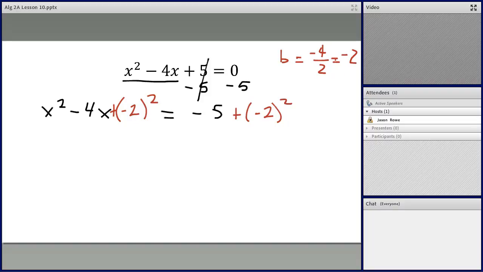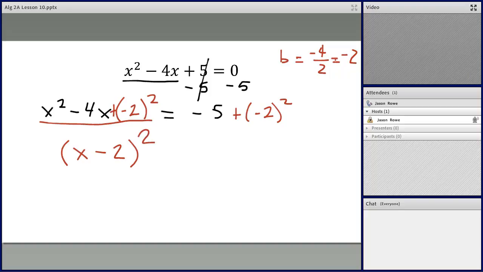So here's where we complete the square. The reason we complete the square here is so that we can turn this into not a quadratic, but a perfect square binomial. So this is going to be x minus 2 squared. Now, how do I know it's minus 2?